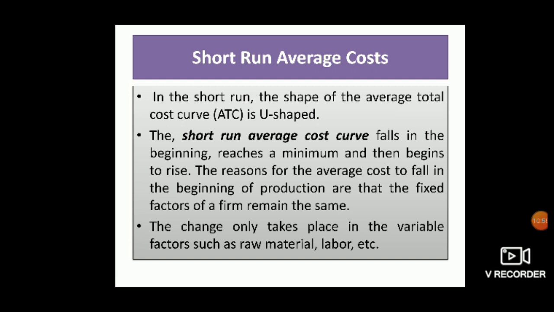The short run average cost curve falls in the beginning but reaches a minimum and then begins to rise. The reason for the average cost to fall in the beginning of production is that the fixed factor of a firm remains the same. The changes only take place in the variable factors such as raw material, labor, etc.